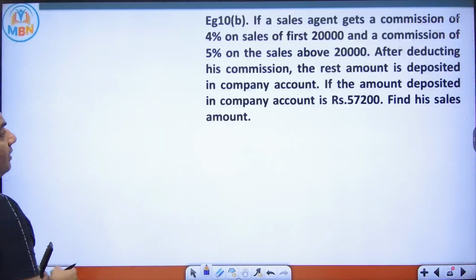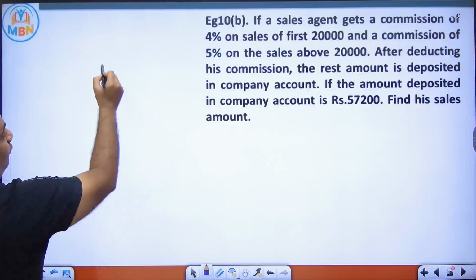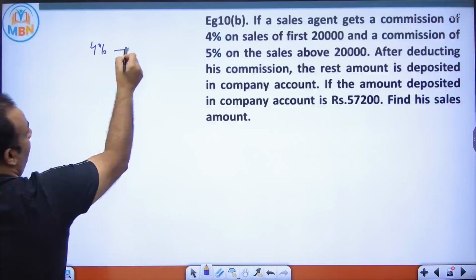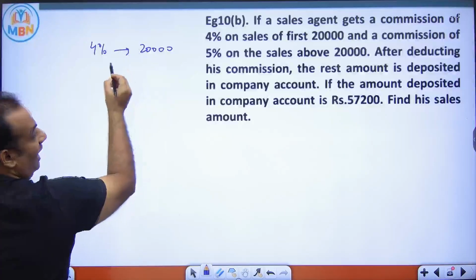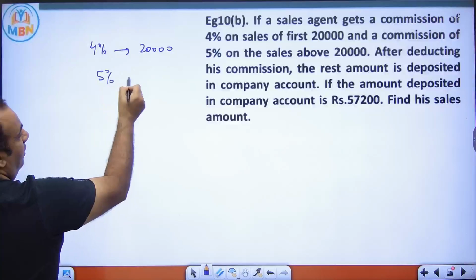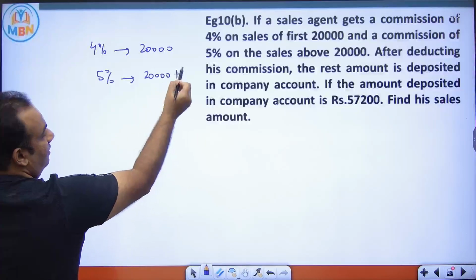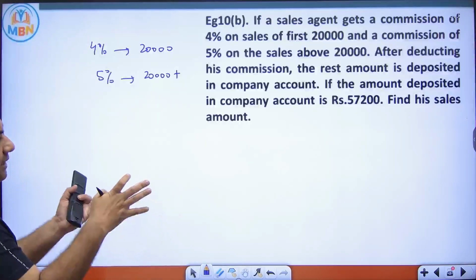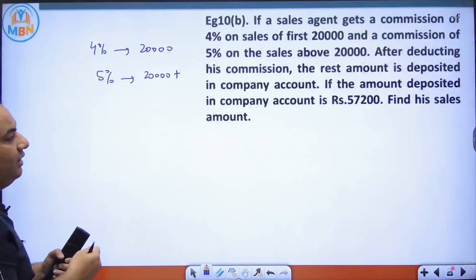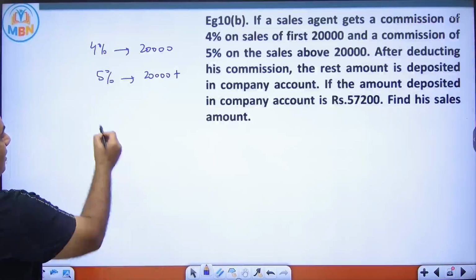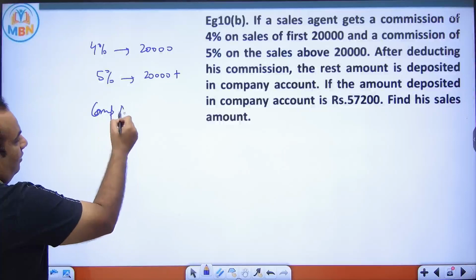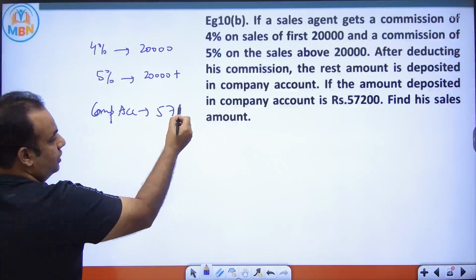What is given? The agent is getting 4% on the first 20,000 and 5% on sales above 20,000. Whatever his commission, he will take that value and the rest he deposits in the company's account. It is given that in the company's account, he deposited 57,200.